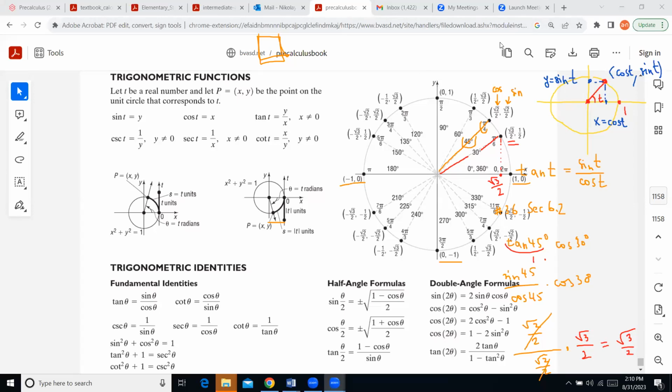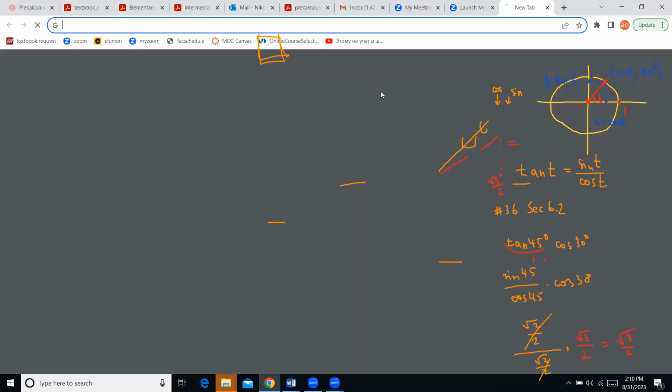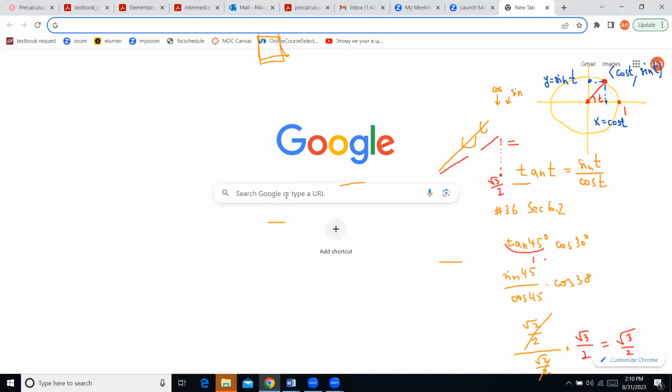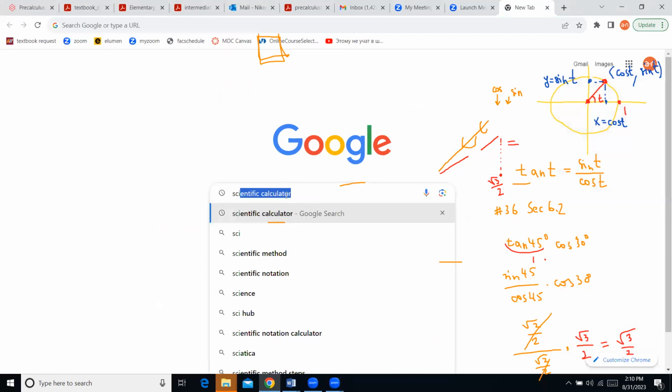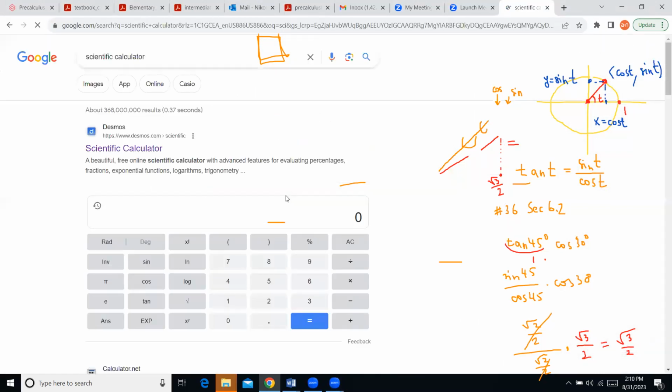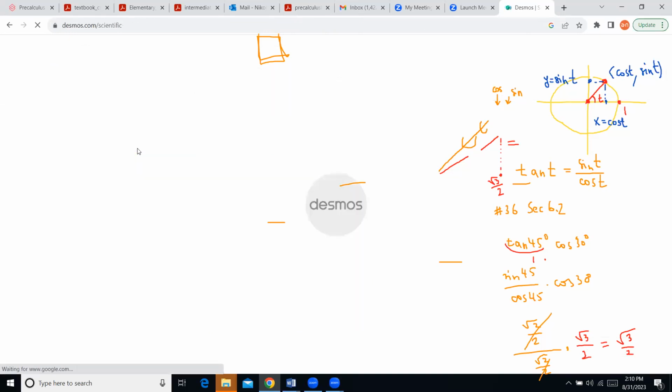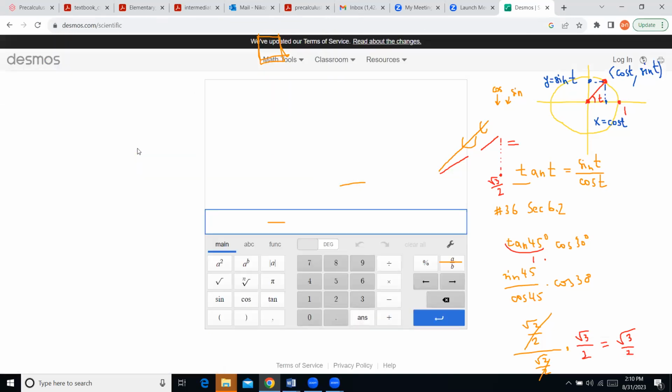We also saw last time that we could use a calculator, the scientific calculator. So just type scientific calculator to do these exercises. So first choice in Google, Desmos, and you can just enter your trig expressions, but make sure that between degrees and radians, you choose degrees because you're given degrees now.